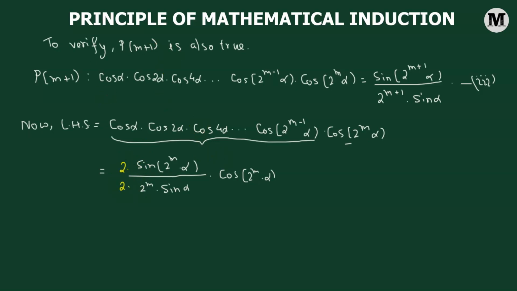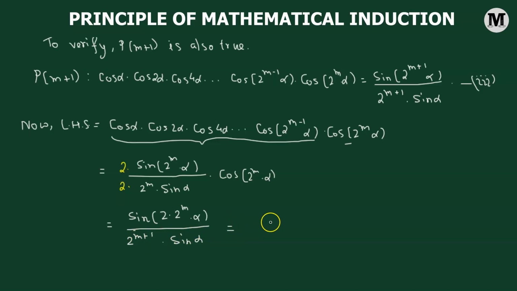Fine. Now what we'll do is multiply both the numerator and the denominator by the factor 2. This is done because now what we have is 2 times sine of some angle multiplied by cosine of the same angle. So here we can apply the double angle formula. In the numerator we will simply have sine of 2 times the angle, which is 2 raised to the power of m multiplied by alpha, divided by, now 2 multiplied by 2 raised to the power of m, using the law of exponents, is 2 raised to the power of m plus 1 multiplied by sine alpha.